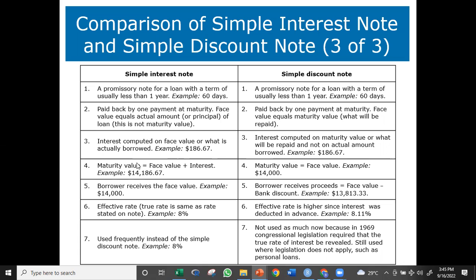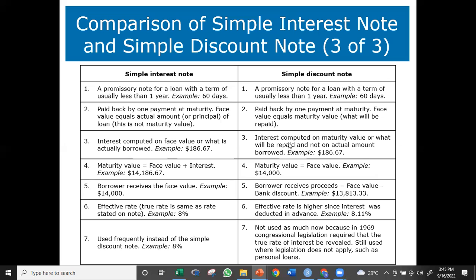All right, here for simple interest, the interest is just computed by PRT. Okay, interest computed based on the face value or what is actually borrowed. So we had this in our problem, 186.67. Here, interest is also computed on maturity value or what will be repaid.